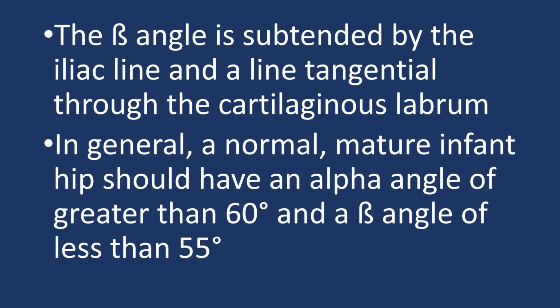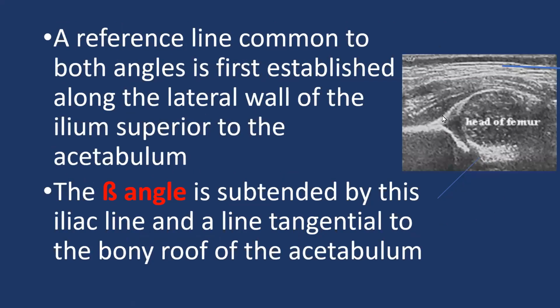This is the alpha angle, which should be 60 degrees. And this angle should be 55 degrees. So if it varies between this and this, then you judge whether there's dysplasia or not.